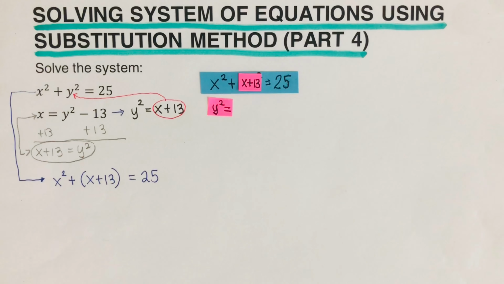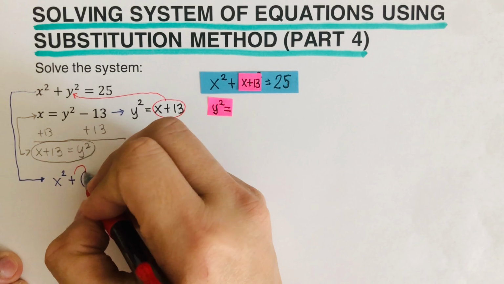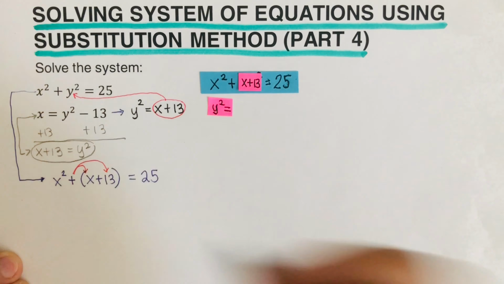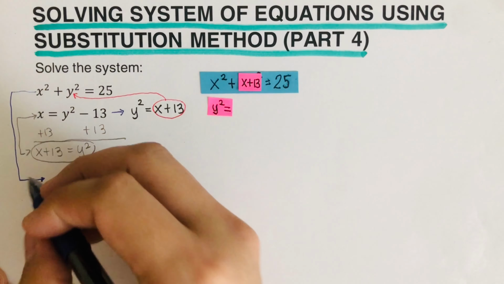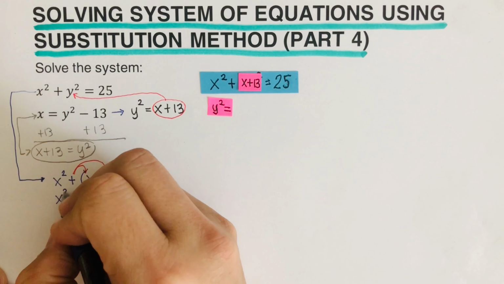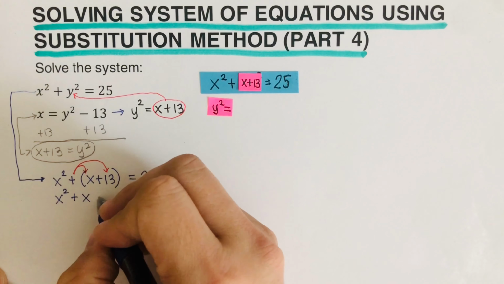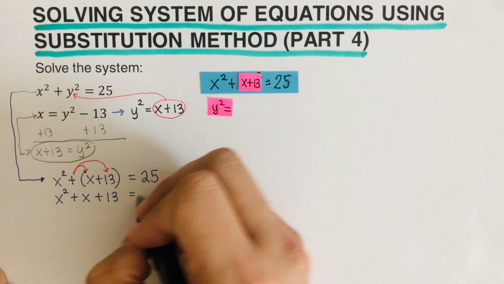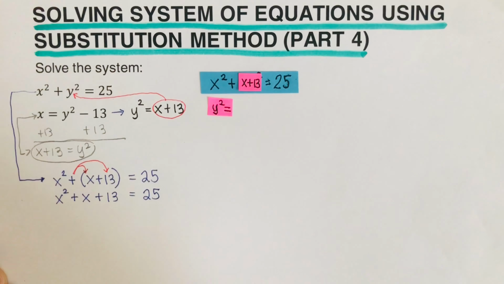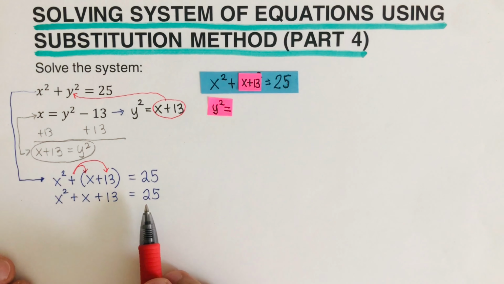Then from here, we distribute the plus to each of the terms inside the parentheses. I distribute this, and I distribute the plus to the other one as well. So we are left with x squared plus x plus 13 equals 25. Remember, if we want to use the zero product property, we need to make one side equal to 0.